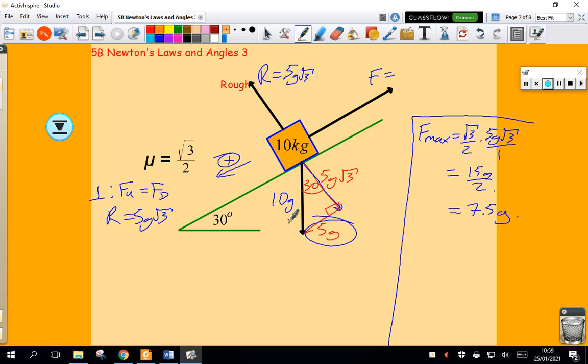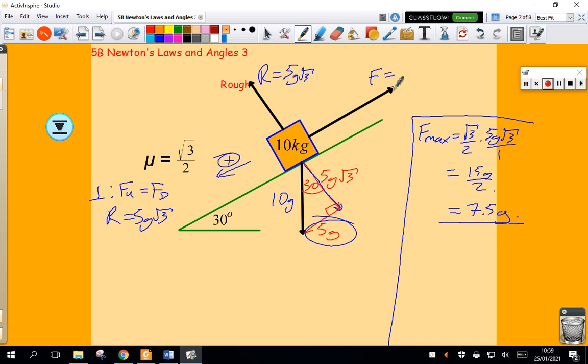So in order to prevent motion, friction has to oppose this. It can get up to 7.5g if it needs to. In this case, it won't, because if it got up to 7.5g force, that would create a movement up the hill, which wouldn't make any sense whatsoever.